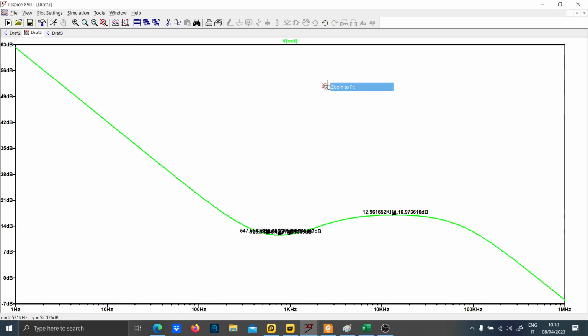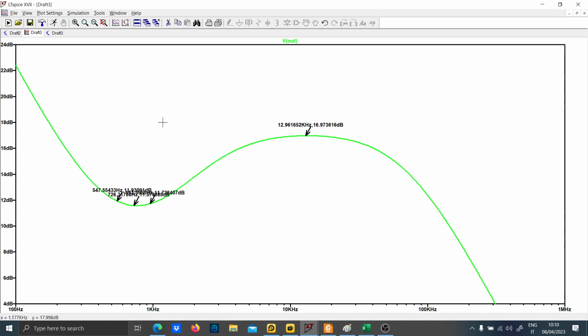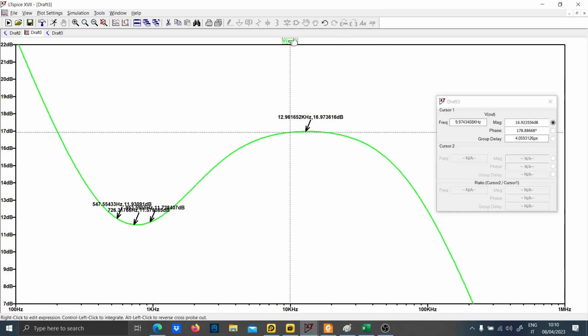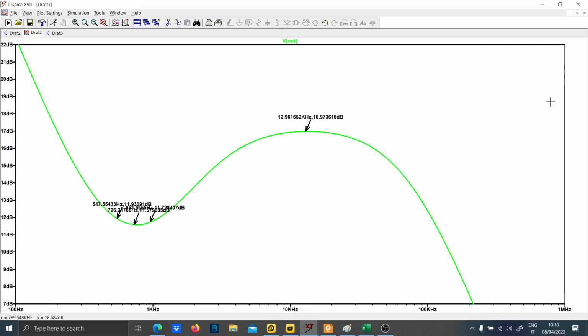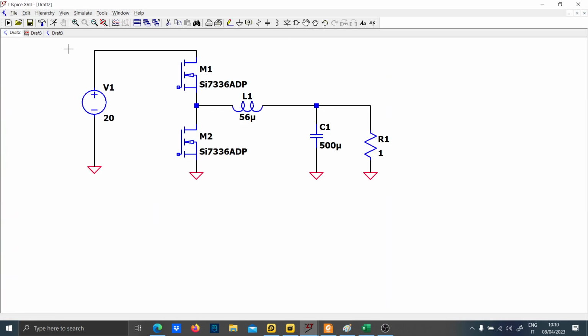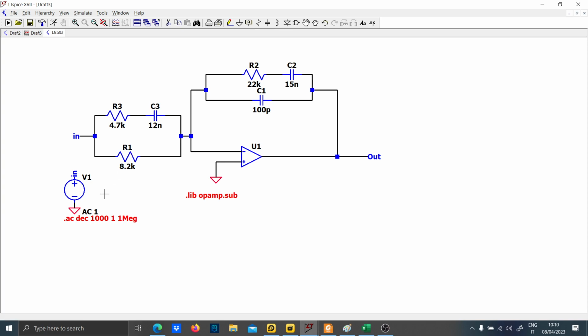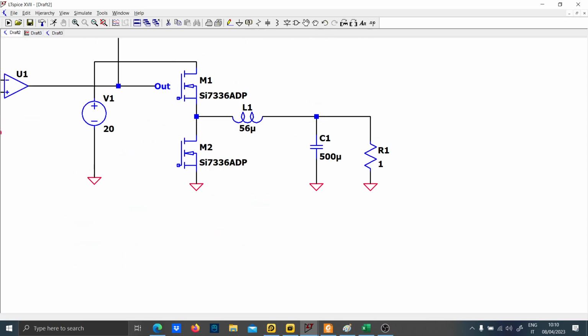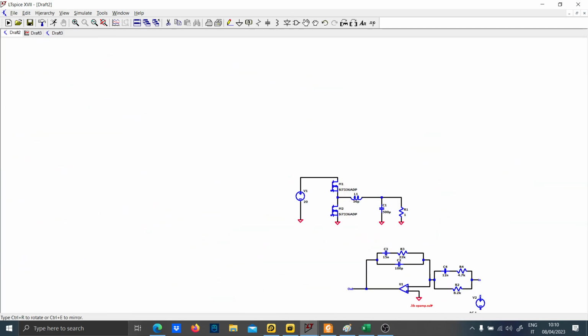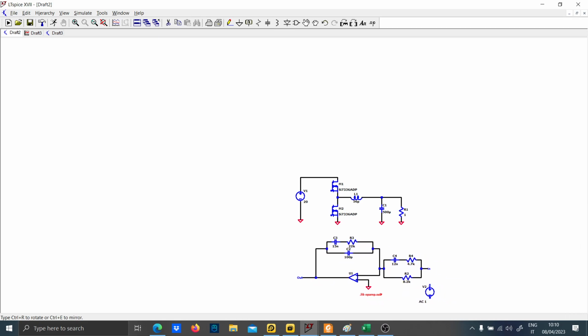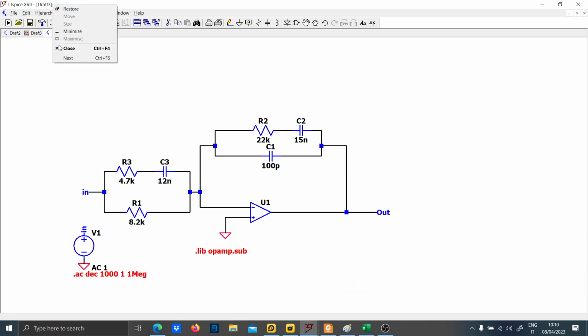Okay, now that we saw that the transfer function is exactly as we planned, as you can see here at 100 kHz it is already cutting off everything from 1 kHz forward. So now let's put this compensator in the circuit. Okay, we can close this.